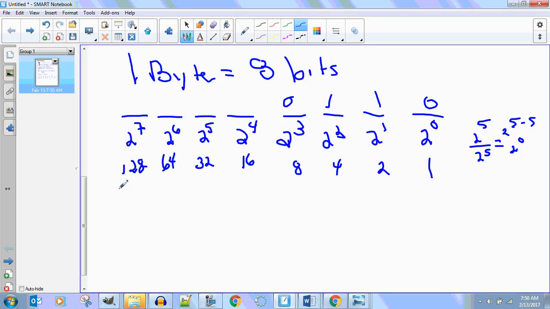And 127 plus 128 is equal to 255. So what's that mean? The largest number I can put in there is 255. And that means we can handle the numbers 0 through 255.